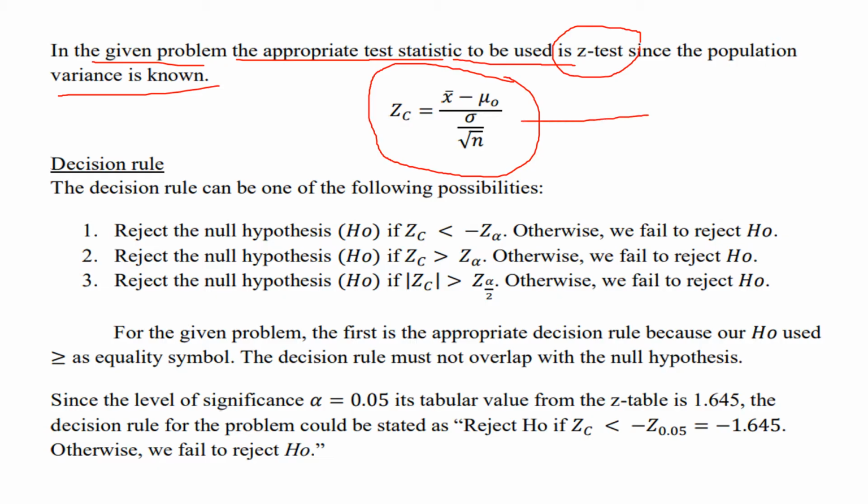This will be the formula for us to compute the value of Z that we're going to compare to the critical value that we can get from your Z table.